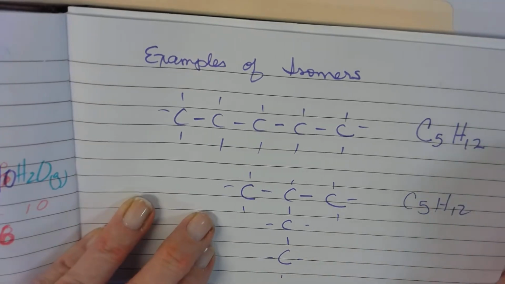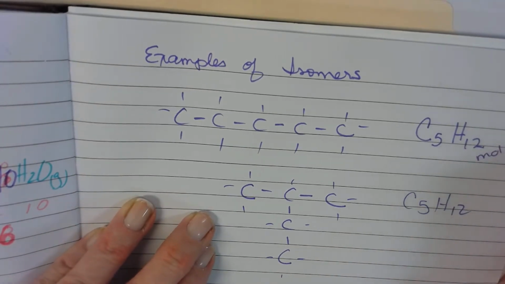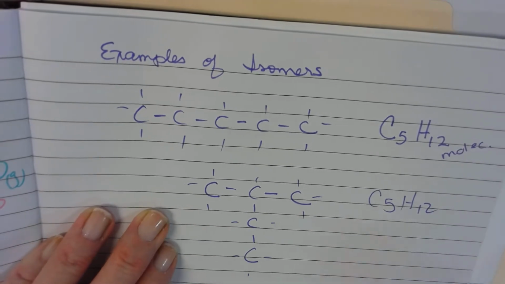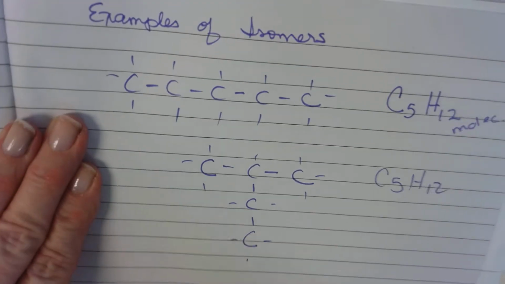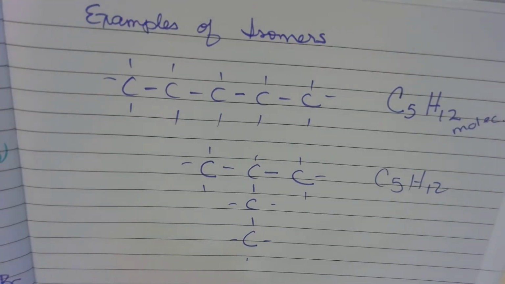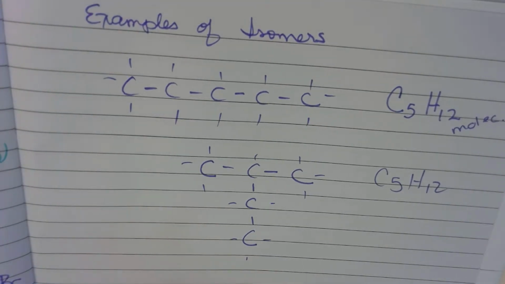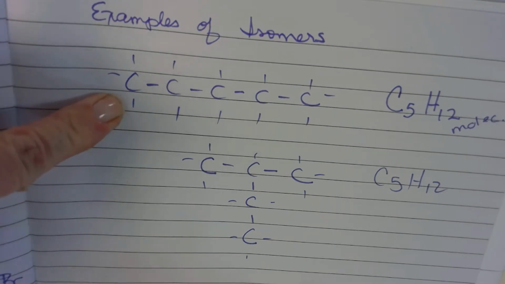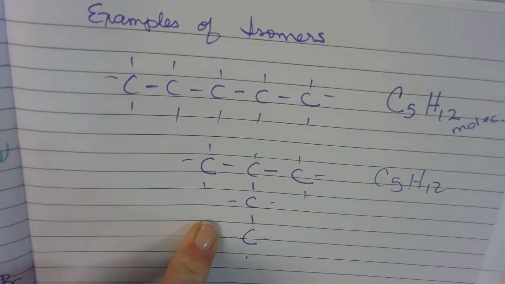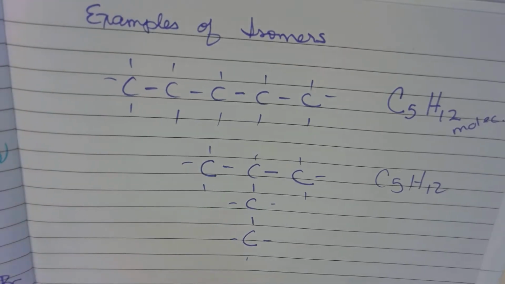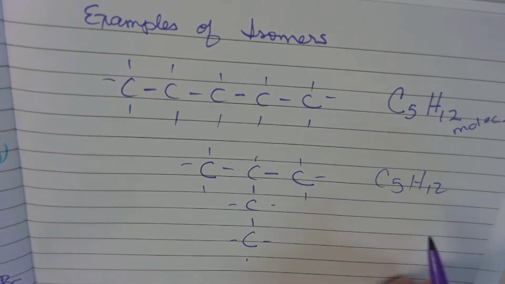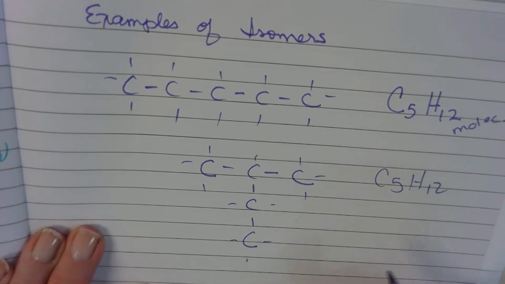Same molecular formula, both of these, but they are 100% different. So like the shape, if you had some kind of enzyme in your body that was looking for this shape, it would not latch onto this shape because they do not fit. These are two different Lego blocks.